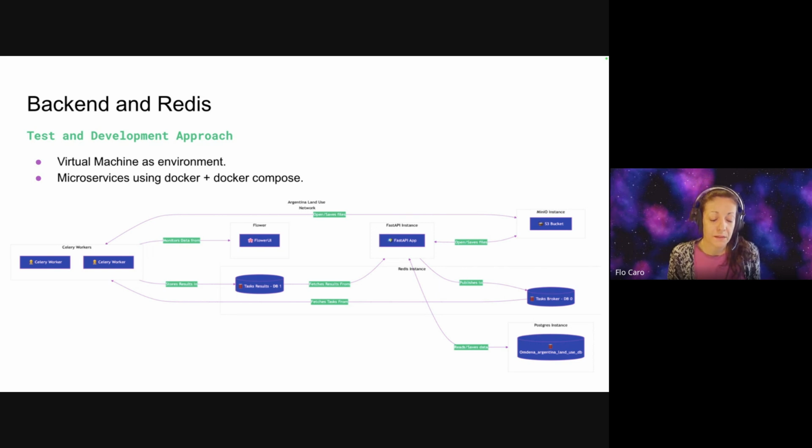Then the services approach was running using microservices. We use Docker for the containerization of the applications, and Docker Compose as a deployment solution to get the services running. In the graphic that is there on the screen, we can see the flow of the components and how they interact with each other.